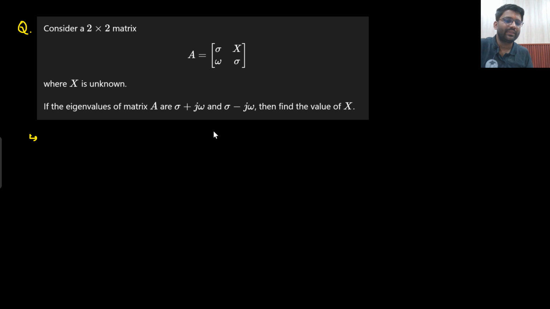This is a GATE PYQ, a straightforward question. A 2 cross 2 matrix is given, x is unknown, the eigenvalues of A are mentioned, and we need to find the value of x. So can I write down the characteristic equation?